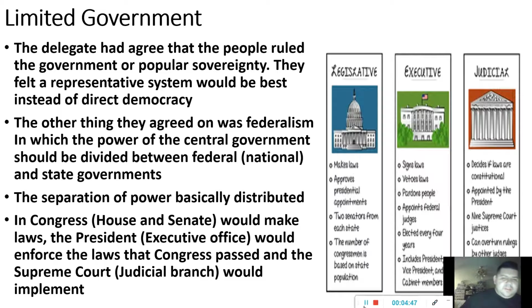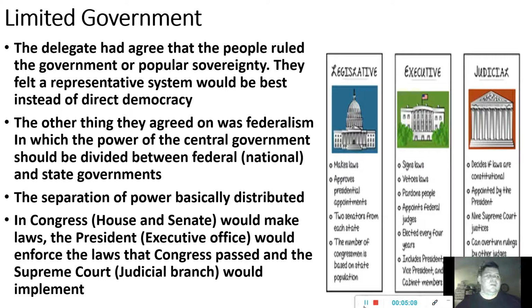Okay. So the other thing they agreed on was, you know what, our country is going to be really big. And at that time, it had the 13 colonies, and they're like, you know what, we're too spread out. So a direct democracy is out of the question. Direct democracy is basically when you, the person, an individual, gets to vote on an issue.